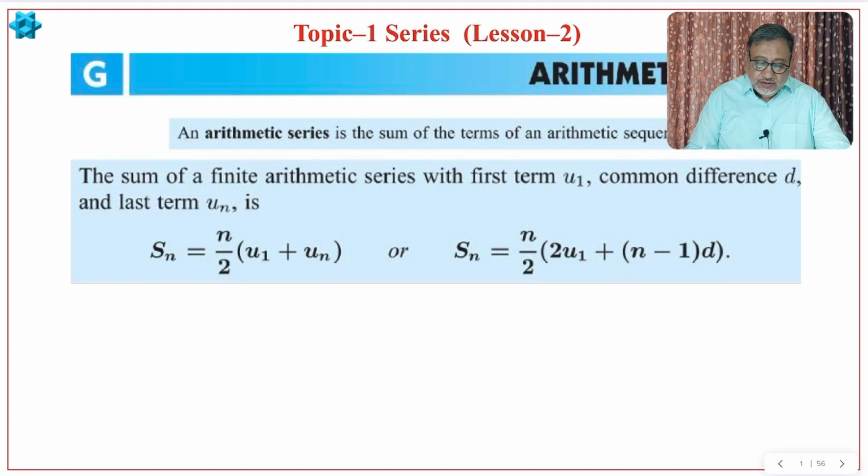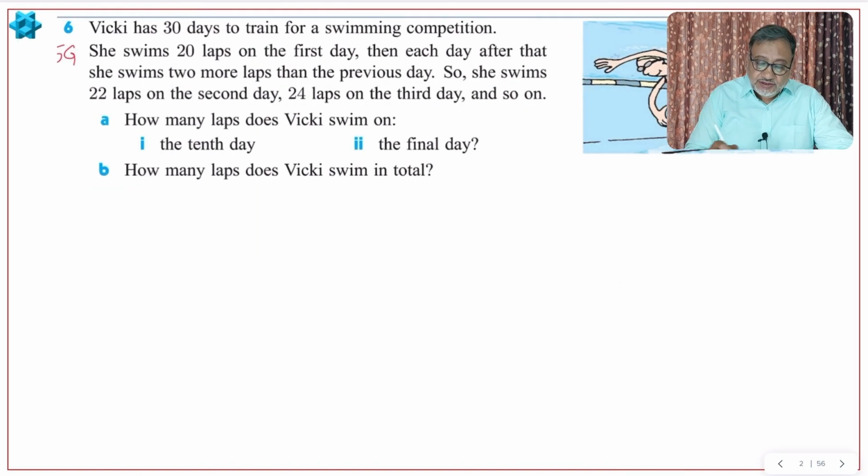Okay, now this is the next question from the same part. Let us solve it. It says, Vicky has 30 days to train for a swimming competition. On the first day she swims 20 laps, so I should write u1 is equal to 20.